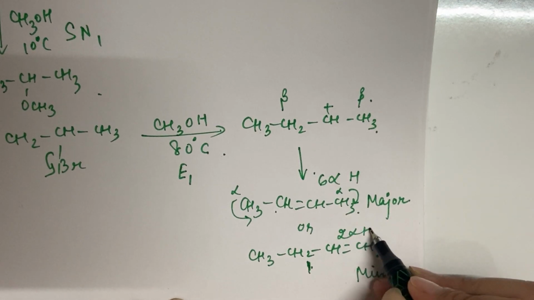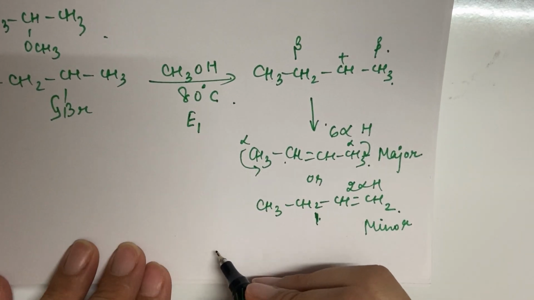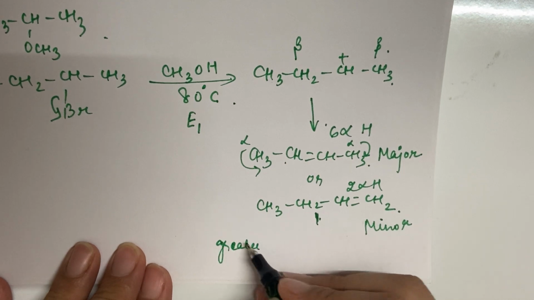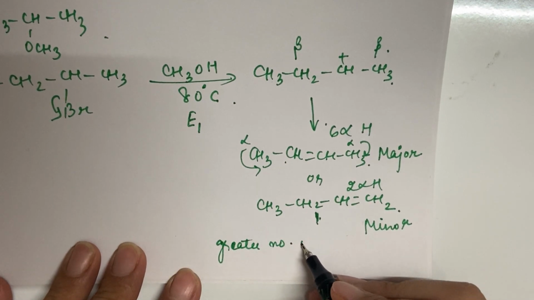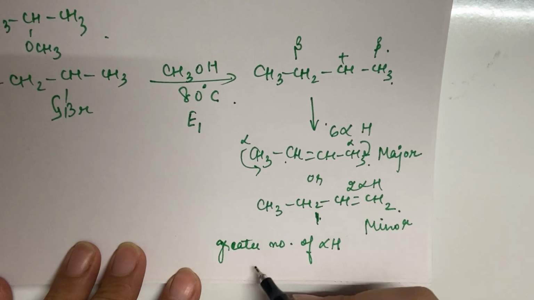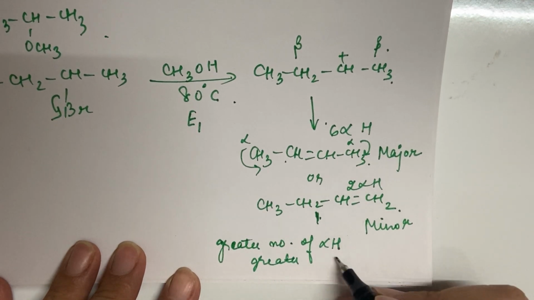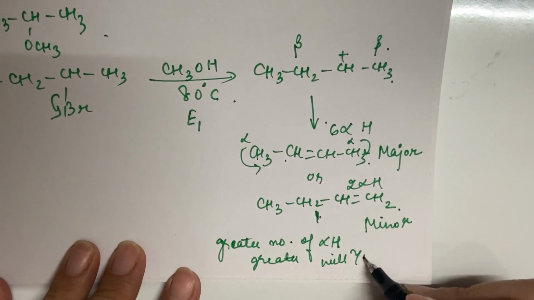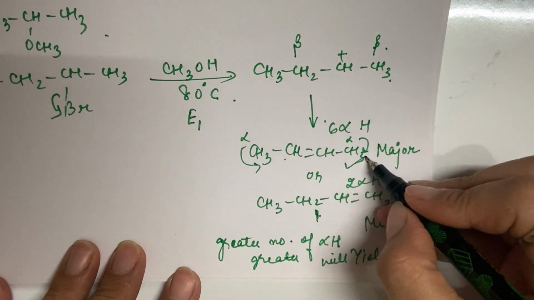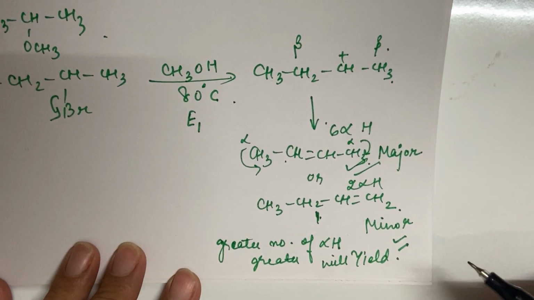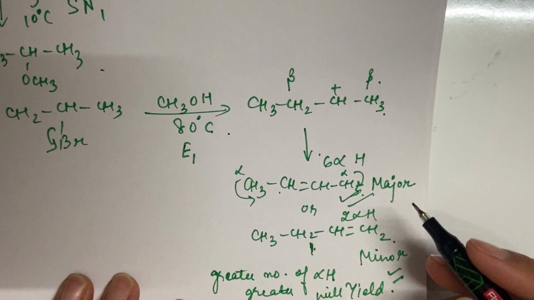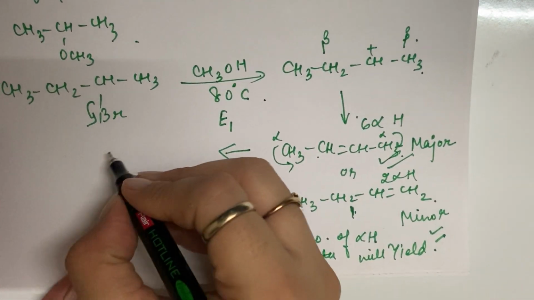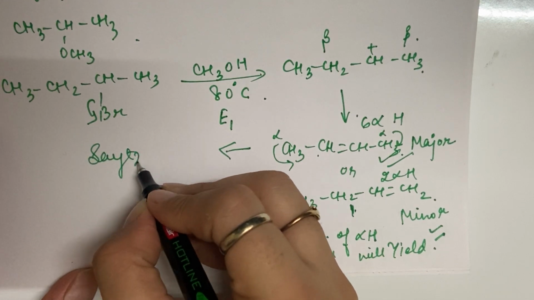Only 2 alpha hydrogens. So for stability, you should remember one point, that greater the number of alpha hydrogens, greater will be the stability, or you can say greater will be the yield. So that is why this is the major product and this is the minor product. And you know which rule decides this? The rule for this is Saytzeff rule.